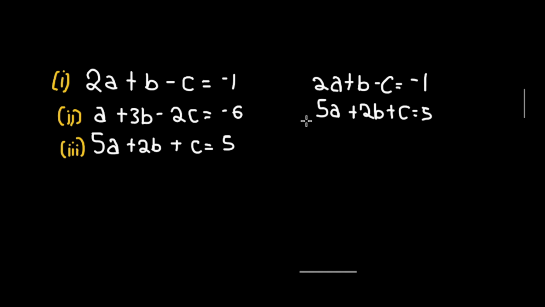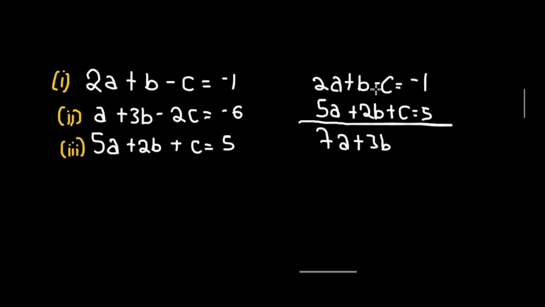So what I can do is simply put an underlining line and then say 2a plus 5a, which is 7a. So here I'm going to have a 7a plus b plus 2b, which is obviously 3b.